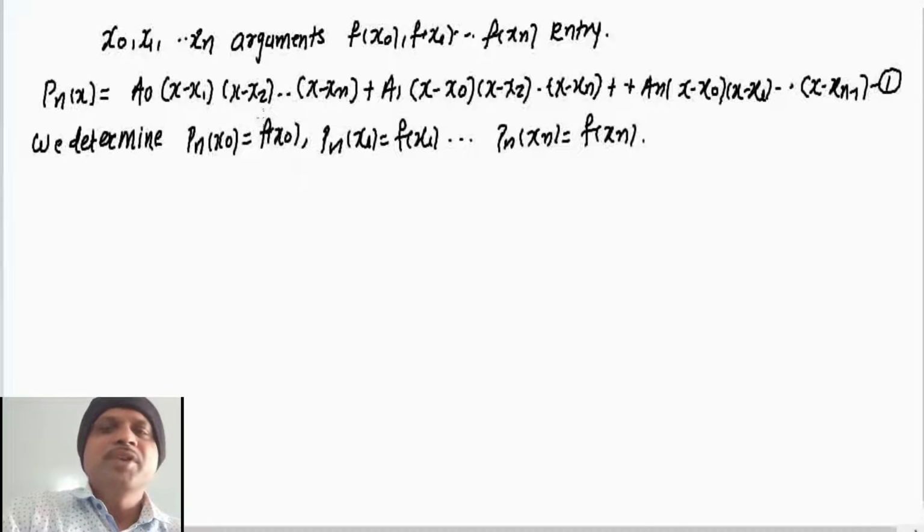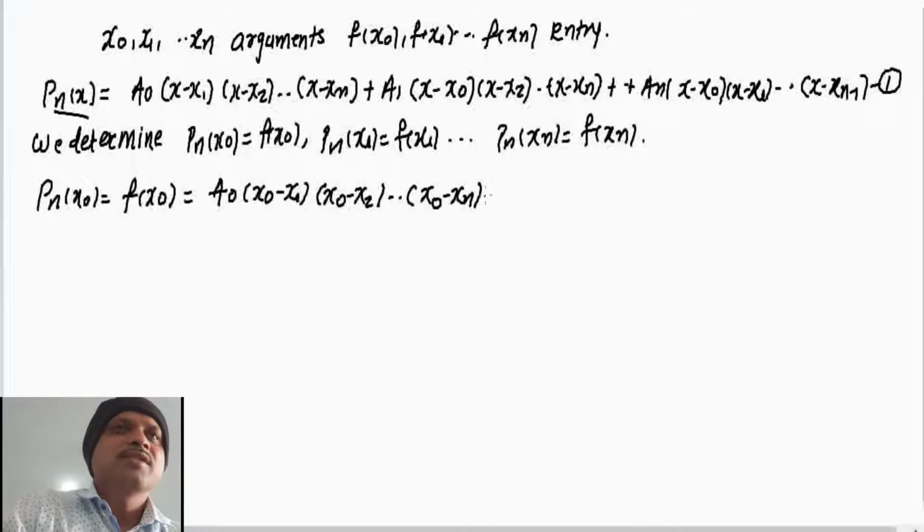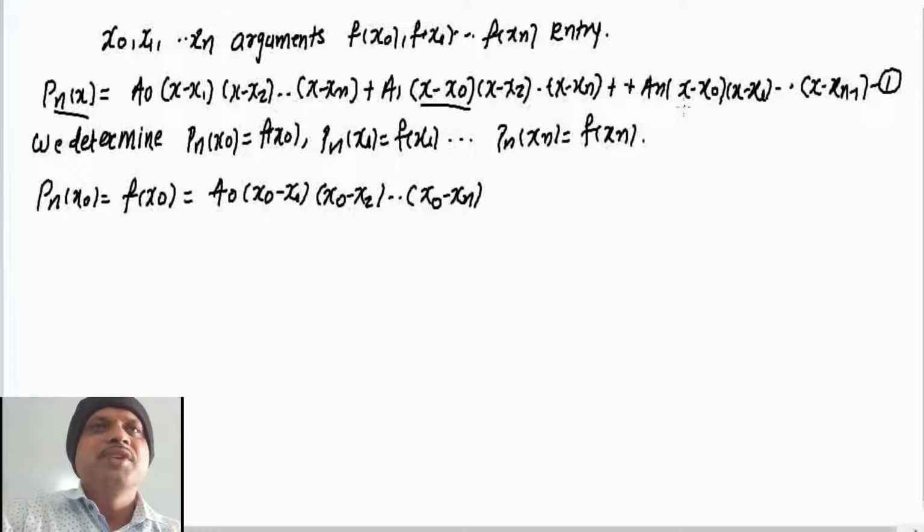So first we put x equal to x0 in equation 1. Whenever we put this, it will be pn of x0, but what is pn of x0? Pn of x0 is equal to f of x0, and we have now a0 into (x0 minus x1)(x0 minus x2)...(x0 minus xn), where in the remaining terms x minus x0 is a factor of each, and therefore they vanish, and we get this value.